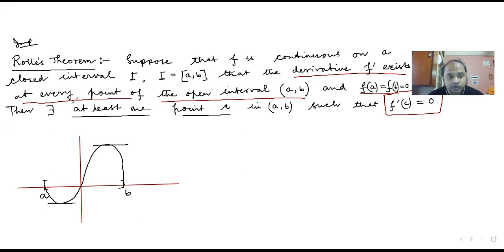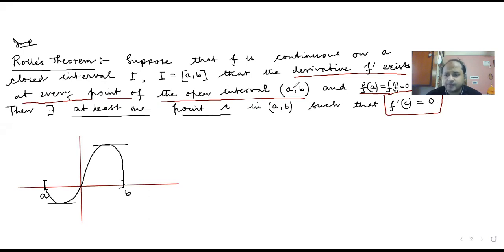Therefore the words "at least one point", that is one or more than that, have been mentioned over here. So you are getting two points where a relative minimum and relative maximum exist. Also the derivative of the function will exist in the open interval AB.